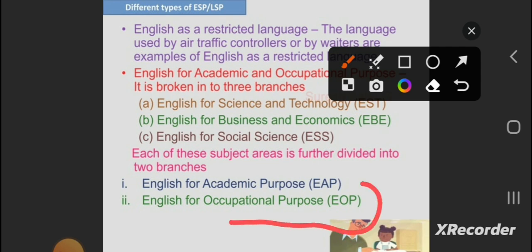English for occupational purpose. Emphasizes language skills required for specific professions and workplaces. It helps individuals communicate effectively in their professional roles, whether through writing reports, giving presentations, or engaging in professional conversations.